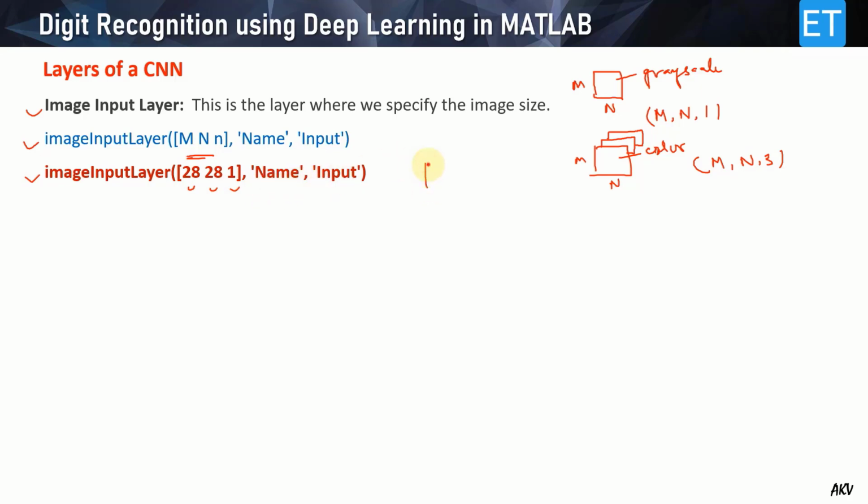It means I'm using a grayscale image of size 28 by 28. So this is grayscale because I'm taking only one channel. So the input image for my present CNN, which I will implement, will be a 28 by 28 grayscale image.